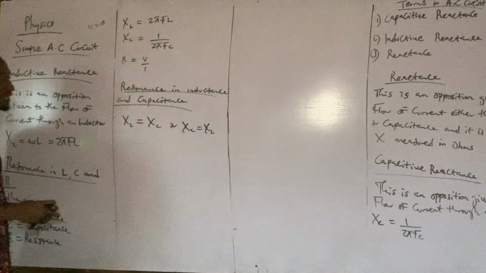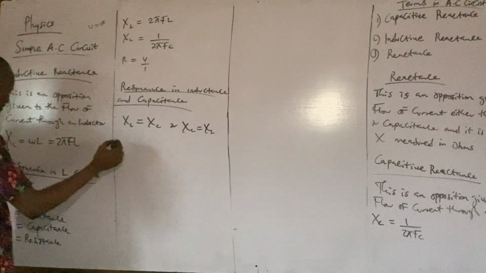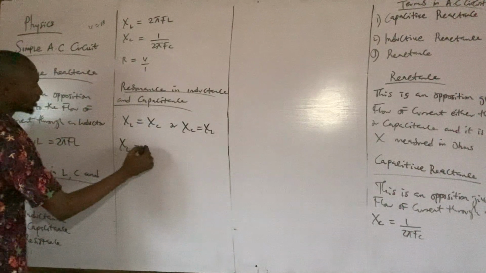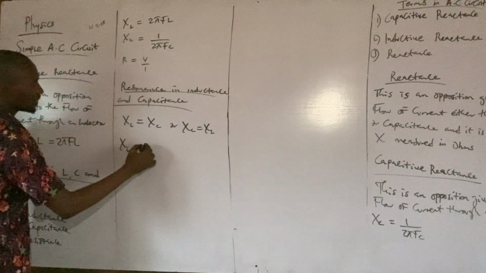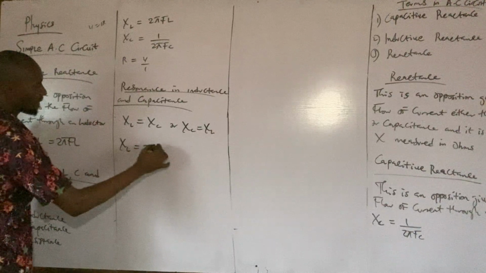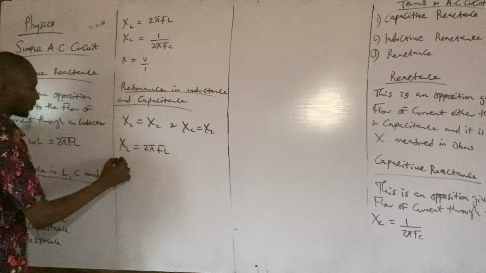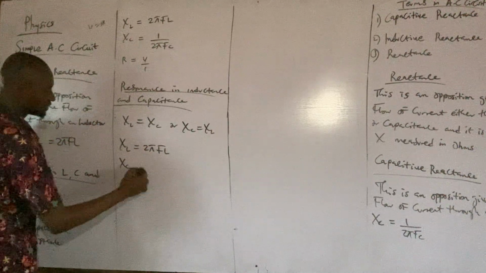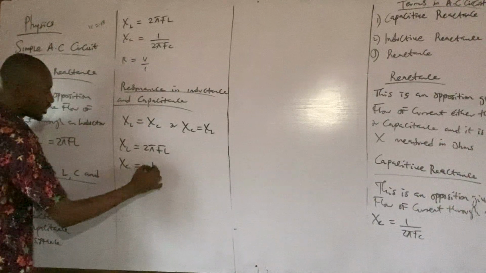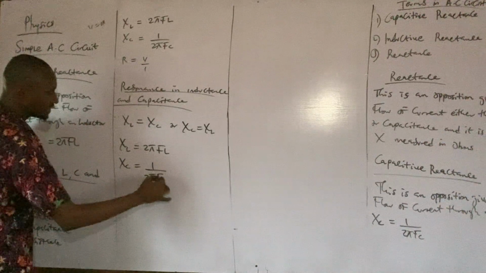XL is equal to 2 pi FL, while XC is equal to 1 over 2 pi FC.